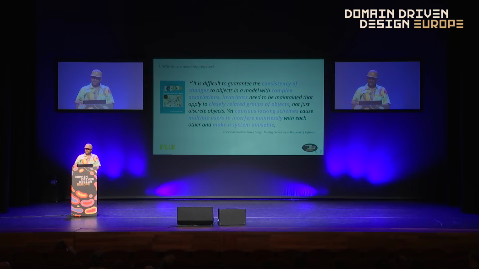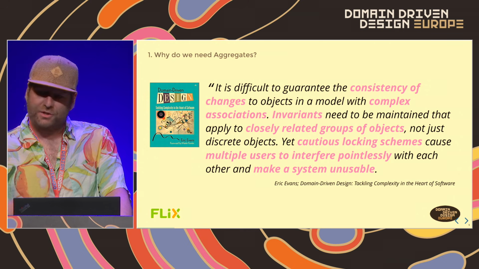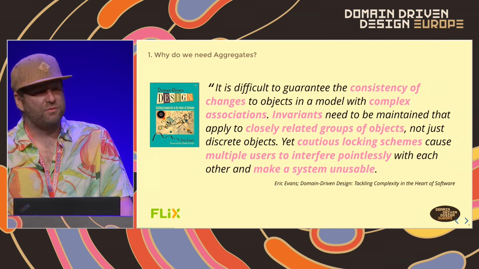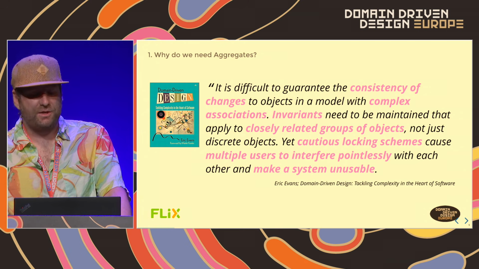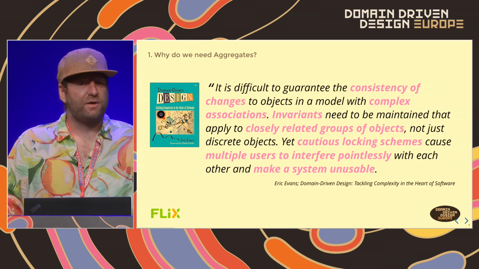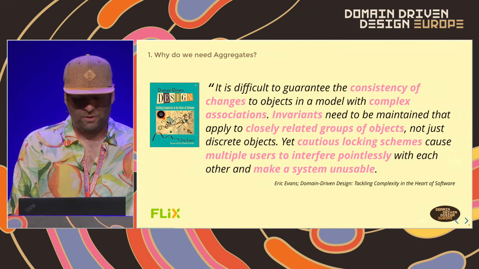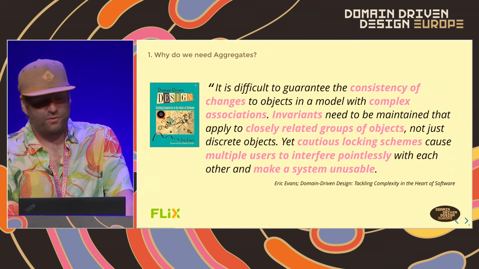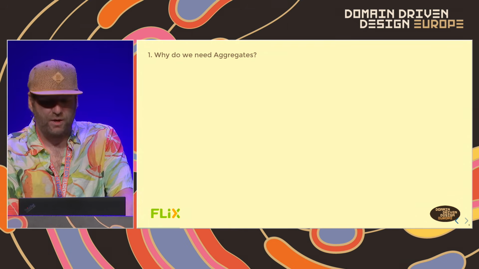Invariants need to be maintained that apply to closely related groups of objects, not just discrete objects. Yet cautious locking schemes cause multiple users to interfere pointlessly with each other and make a system unusable.